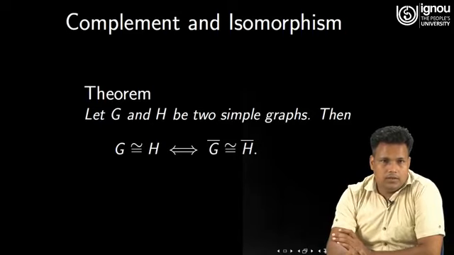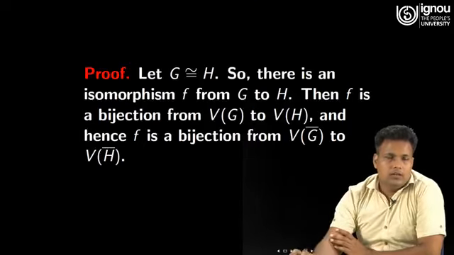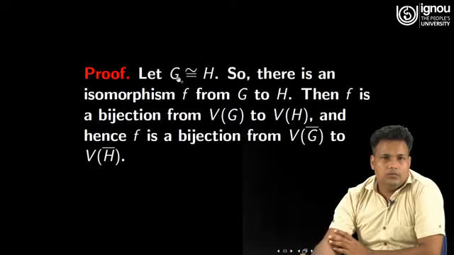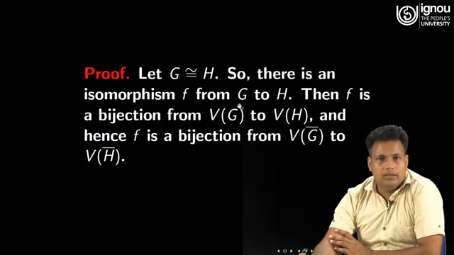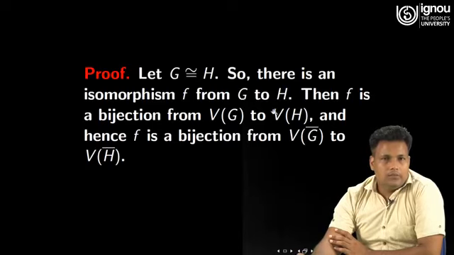We shall assume that G and H are isomorphic and prove that G bar is isomorphic to H bar. So let G be isomorphic to H. So there is an isomorphism F from G to H. Then F is a bijection from V(G) to V(H), right?